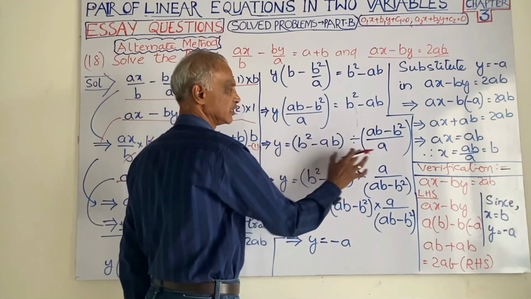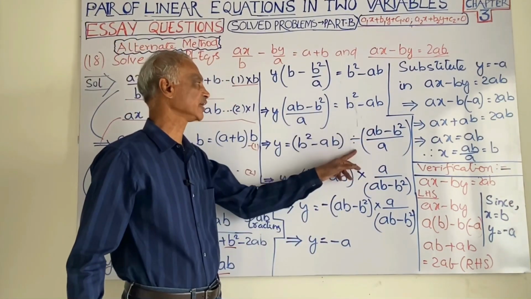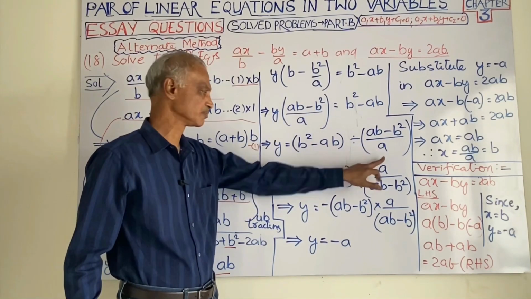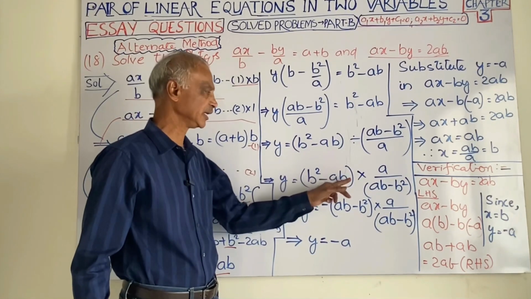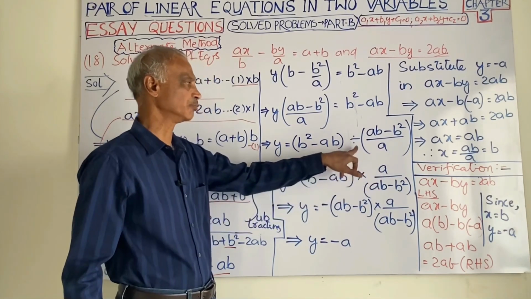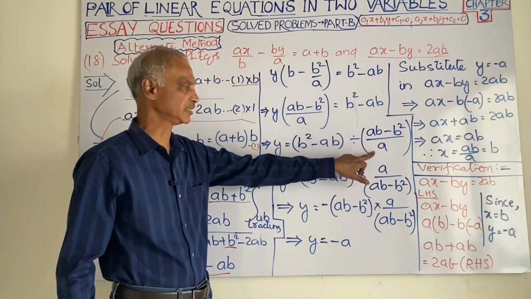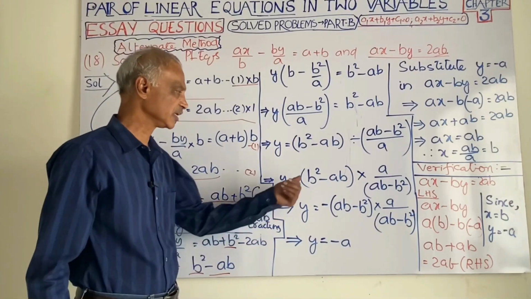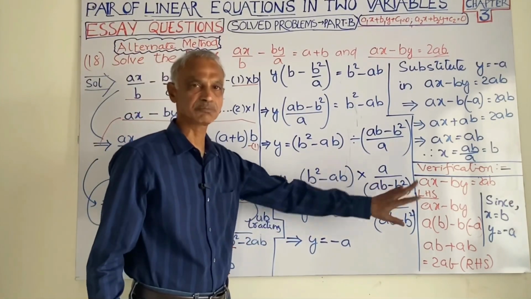So y is equal to b square minus ab into a by ab plus b square. Now here b square minus ab is there, but here ab plus b square.